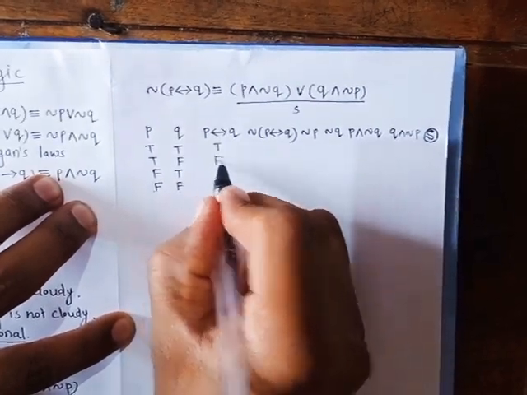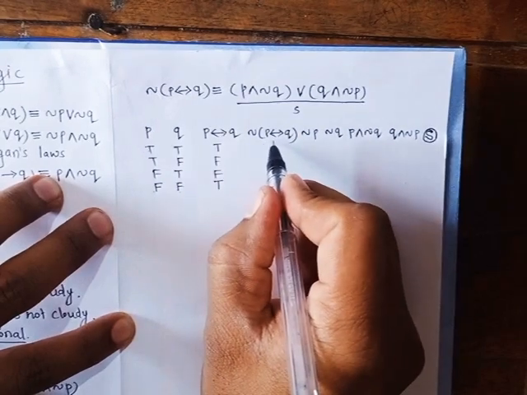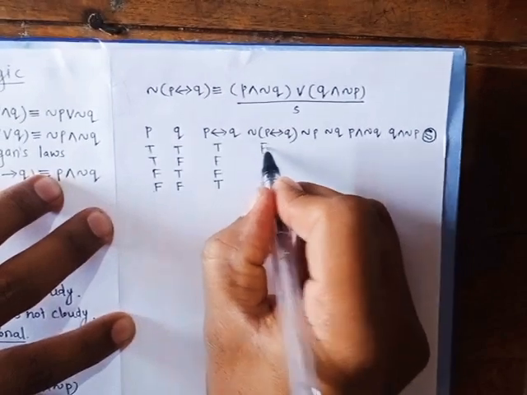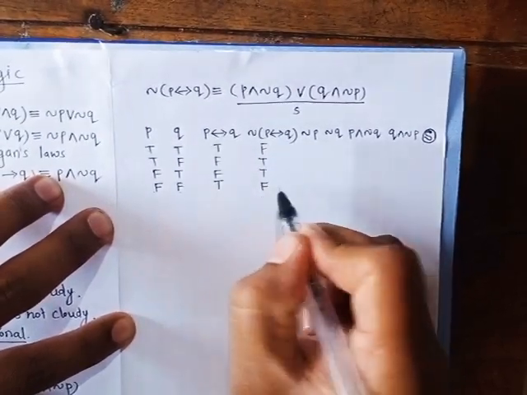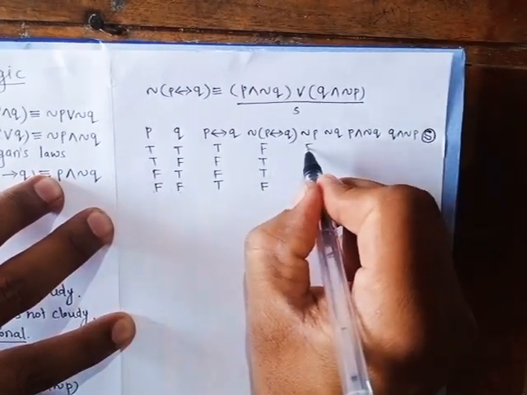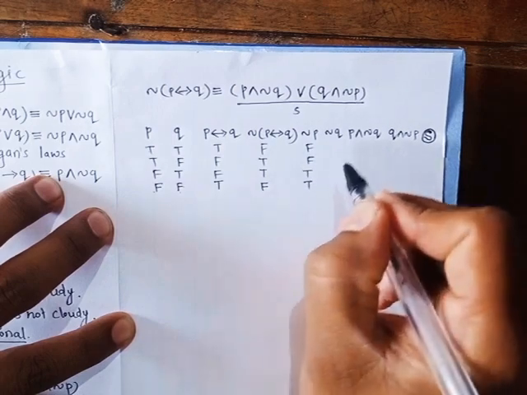In all other cases, it is taken to be false. The negation of P if and only if Q is the opposite of this, that is false, true, true, false. What is negation P? Opposite of P, that is false, false, true, true.